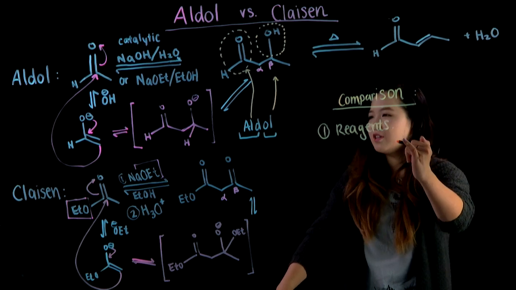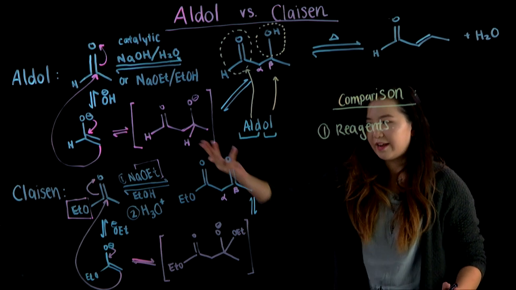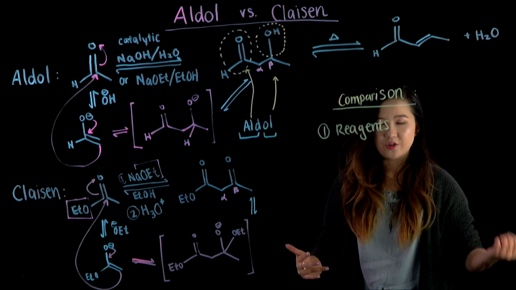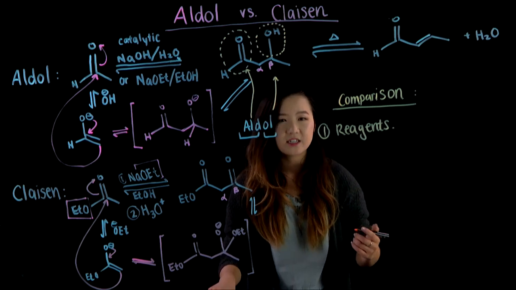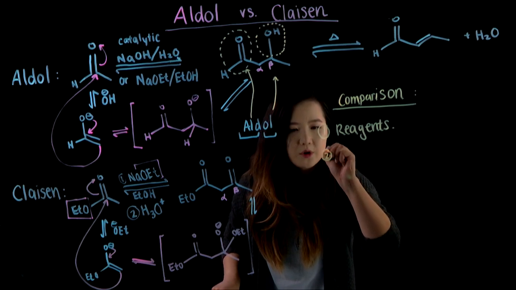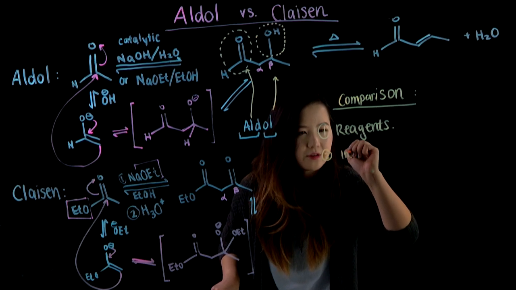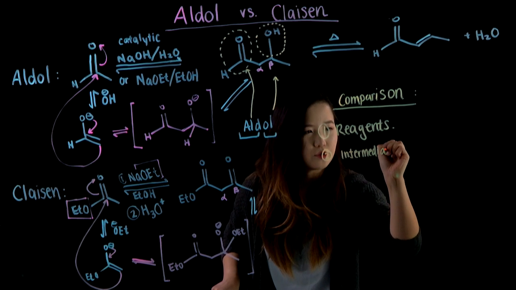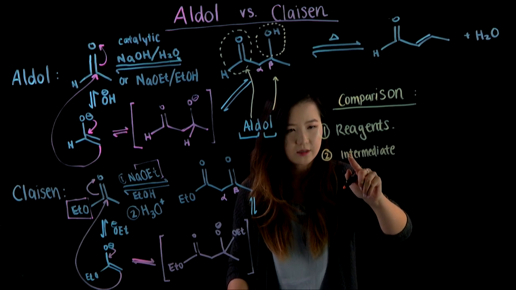So now, after we look at the reagent, and you know that it's going to be an aldol or a Claisen, then you can look at other aspects to confirm. Now, the second thing that we like to look at is the intermediate. Now, this is for when you are not really sure what you are working with, and you have to draw out your mechanism in order to figure out what your reaction is.